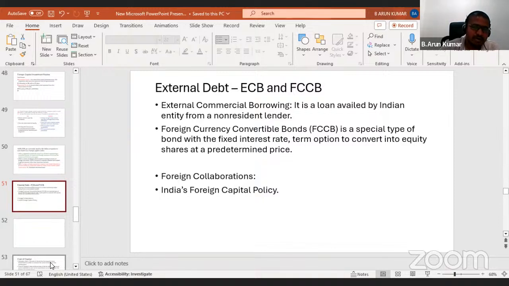So now we are taking up the FDI policy. We are following the FDI policy of 2017.